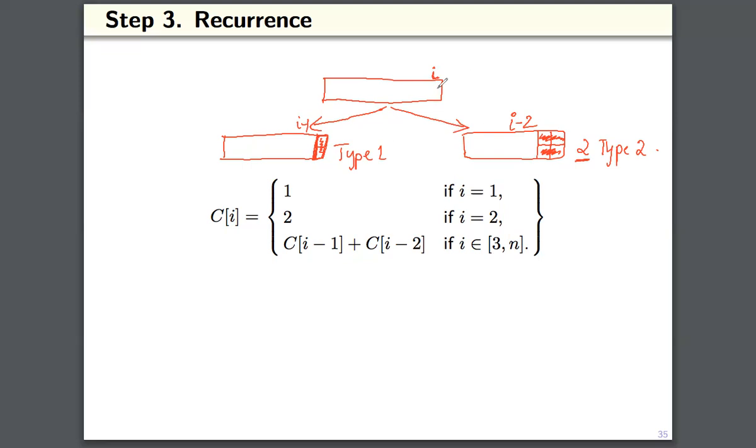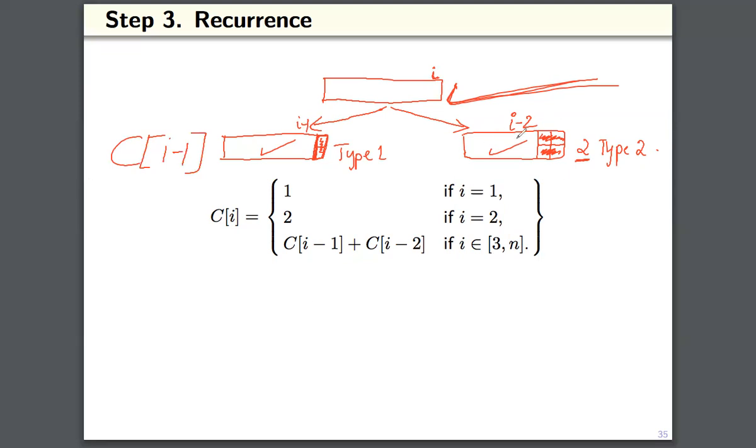So the number of ways of tiling this 2 by I board is the same as the number of ways of tiling the left side plus the number of ways of tiling the right side. Left side has I minus 1 columns, that is C of I minus 1.